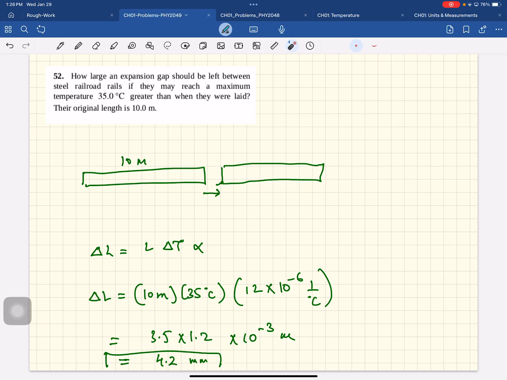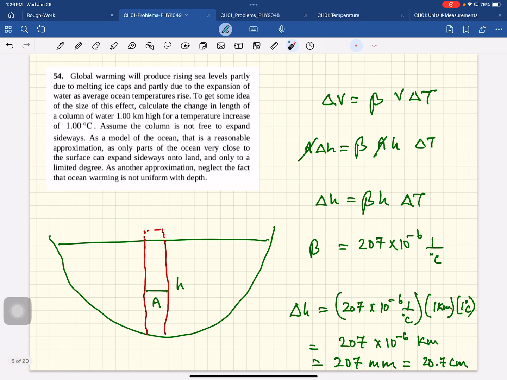In this formula, when you talked about the rail, when you raise the temperature, the width of the rail was increasing, and that was also increasing. You let the width increase here, and so the length didn't increase as much. In this problem, what they tell you is this side of the ocean is pushing, so the width is not able to increase.